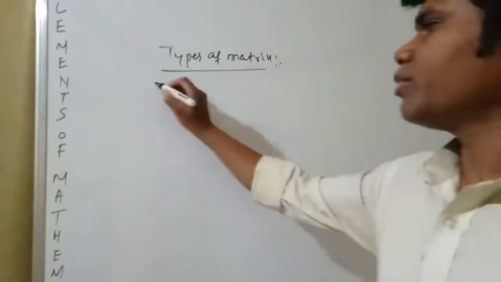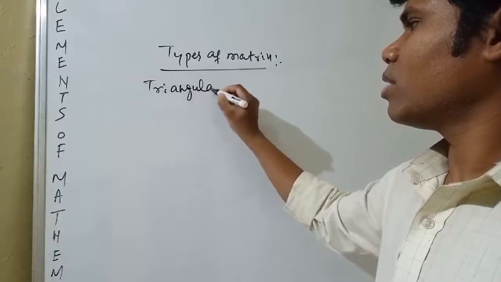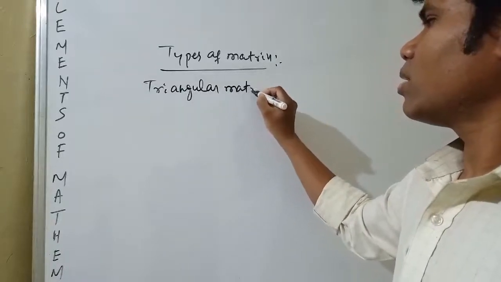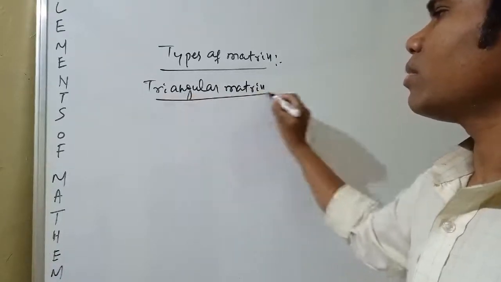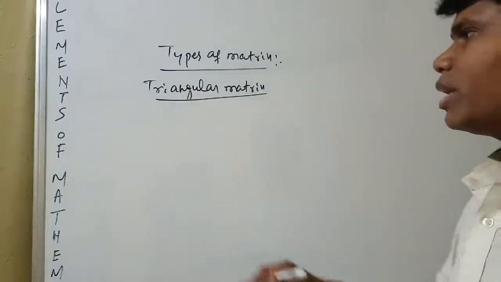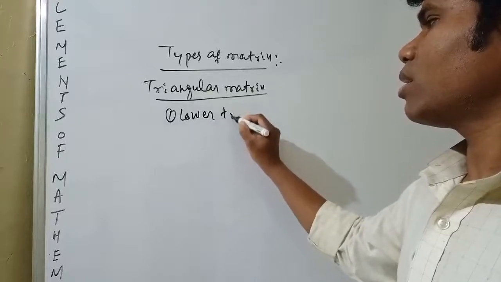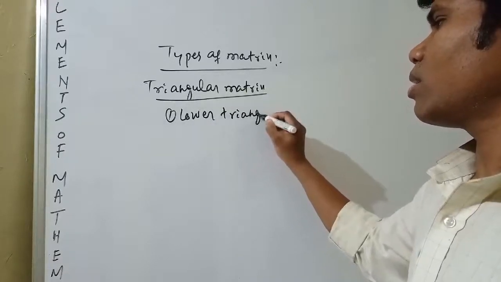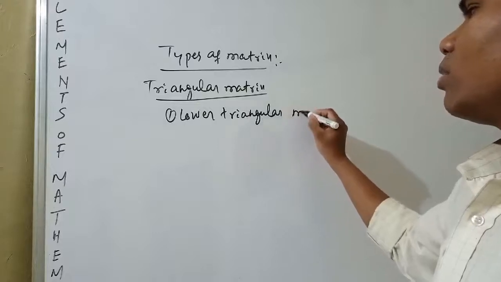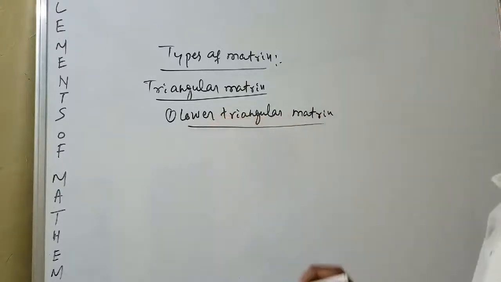Next come to triangular matrix. There are two types of triangular matrix. One is lower triangular matrix, another one is upper triangular matrix. At first you see what is lower triangular matrix.